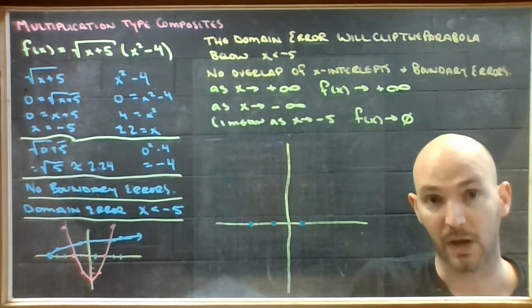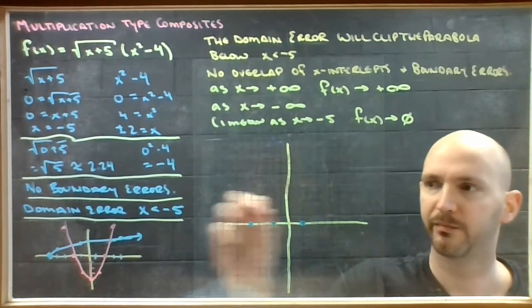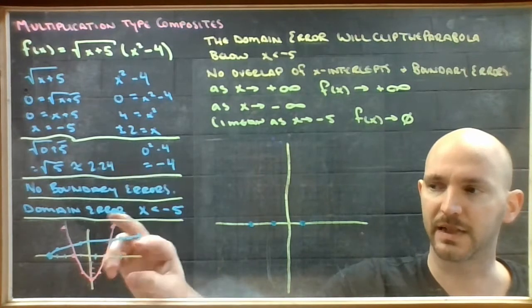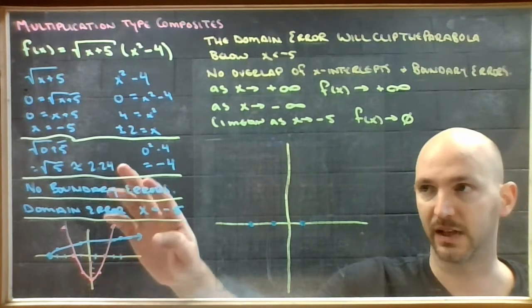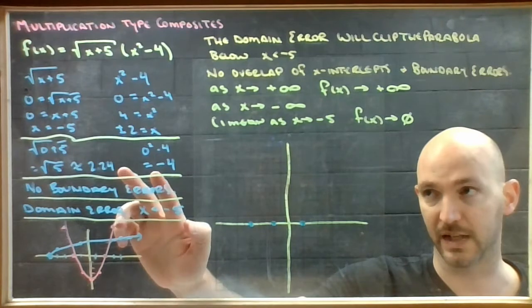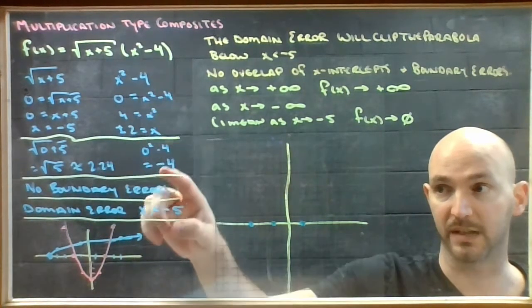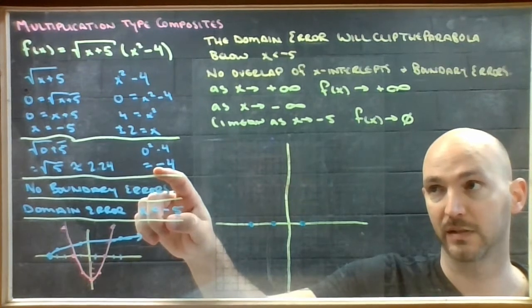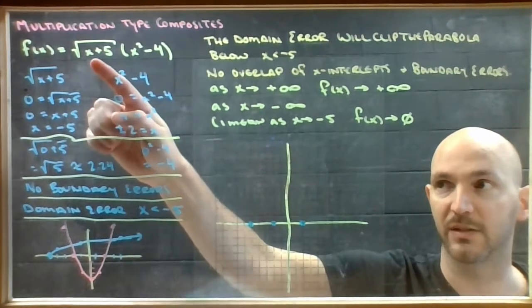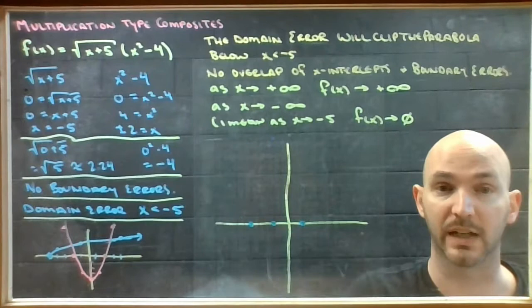Okay, my y-intercepts. These are on here primarily to help me sketch these two bits. I could get my y-intercept by taking the y-intercept of this one and multiplying it by the y-intercept of that one. Basically, I'm just putting 0 into the function here and working out the mess.